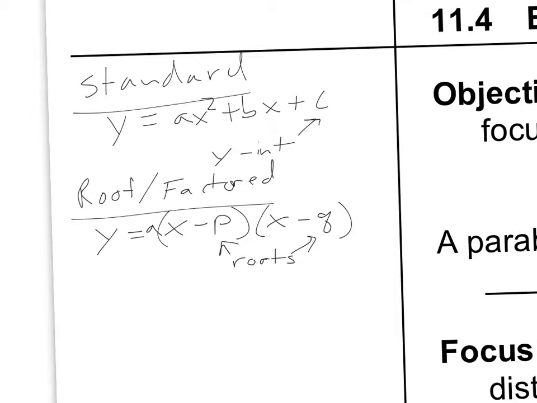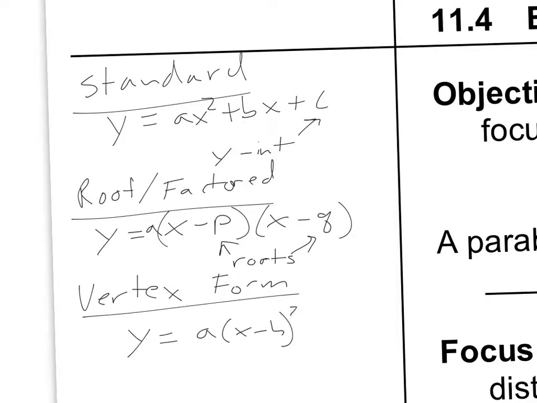And then we also had vertex form. And vertex form looked like this. And what was nice about this one was that, of course, it gave you your vertex.